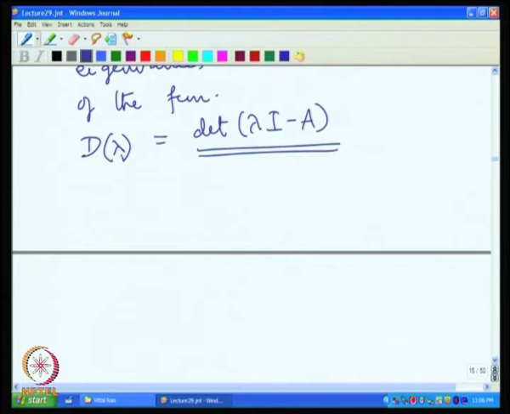First, you construct this function, which we will call d lambda. This is a function of lambda.